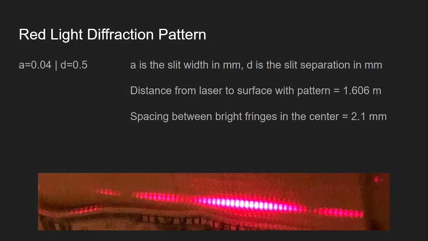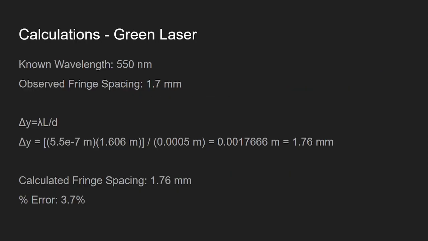And again, with the red light, using the same settings, 0.04 millimeters slit width, 0.5 millimeters slit separation, and 1.606 meters from the laser to the surface, the spacing was 2.1 millimeters. So doing a little bit of calculations, we took the known wavelength of the green and the red light.